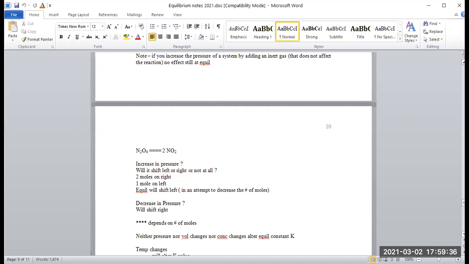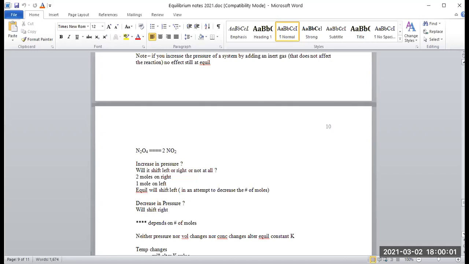Because coefficients, meaning how many molecules are on the left versus how many molecules are on the right, make a substantial difference. All right, N2O4 and NO2, but there are 2 molecules of NO2.